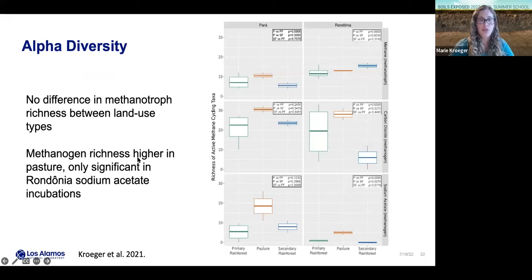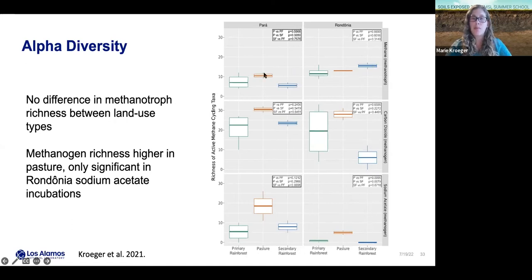When we look into the diversity and how this shifts, we found that there was no difference in methanotroph richness between land use types. To orient you with this graph, on the y-axis we have the richness of active methane-cycling taxa, and on the x-axis are the different land use types: primary rainforest in green, pasture in orange, and secondary rainforest in blue.